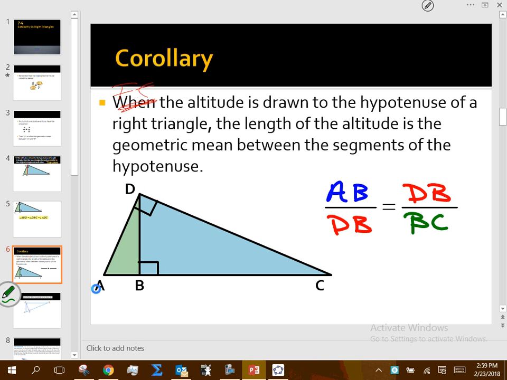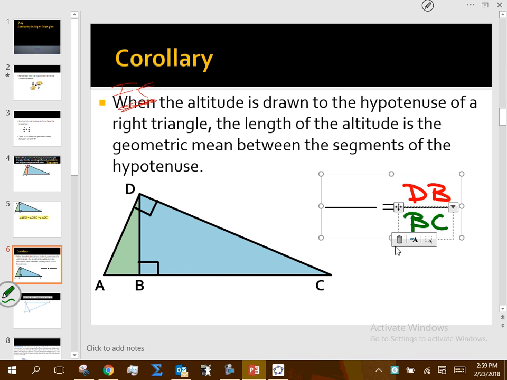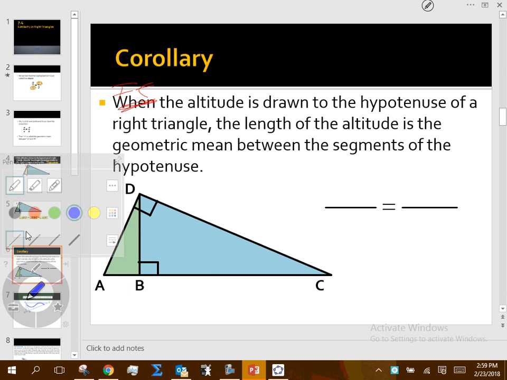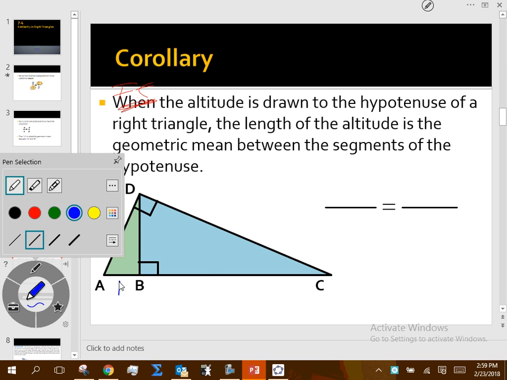So I want to go back to the question that we saw on Wednesday. And it said that this distance was 16. This was 16. That one was y. And the altitude was 12.